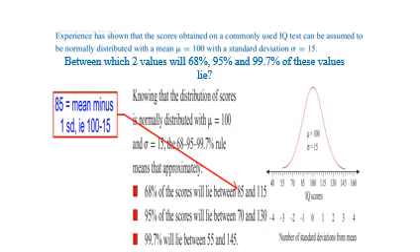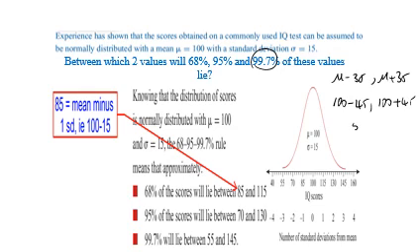Let's rub that out. And the last part, our 99.7%, so here we're going to do the mean minus 3 standard deviations up to the mean plus 3 standard deviations, and so that's going to be 100 minus 45 and 100 plus 45, and that's going to equal 55 and 145, and that's the answers that we see down here.